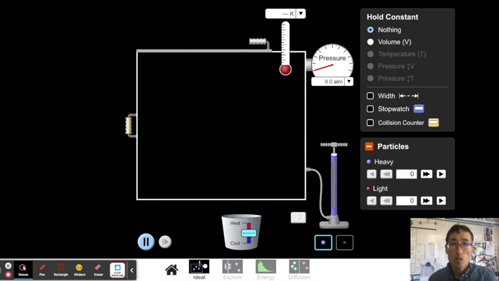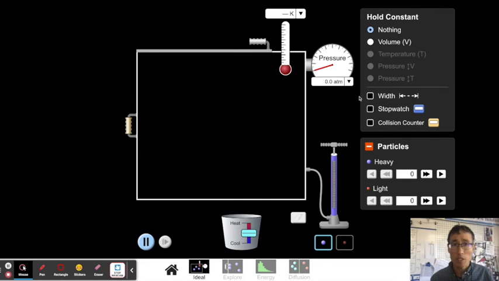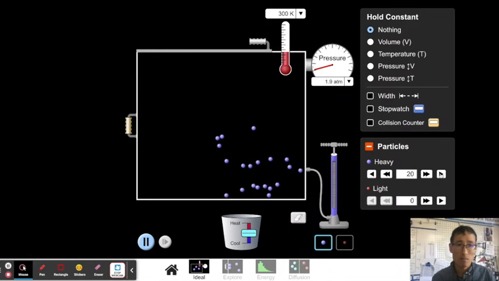So in this video, we're going to look at Dalton's law and mole fractions. We're going to start with our gas simulation again, and we'll do some calculations in a little bit. Let's say I have some heavy particles. I'm going to put in 20 heavy particles here.